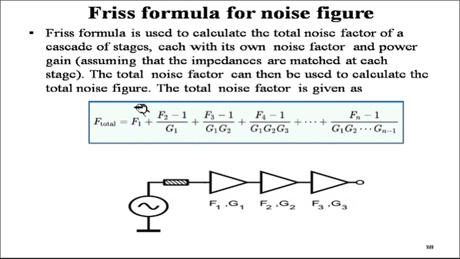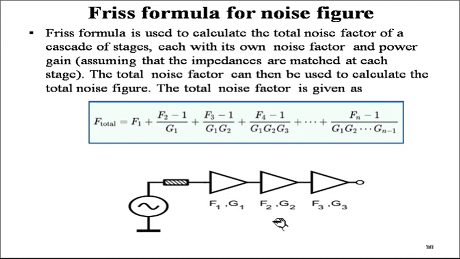The next point is Friis formula for noise figure. This Friis formula is used for cascaded stages. You can see here cascaded stages. Cascaded stages means one by one the stages are connected, so the output of the first stage is given as an input to the next stage.